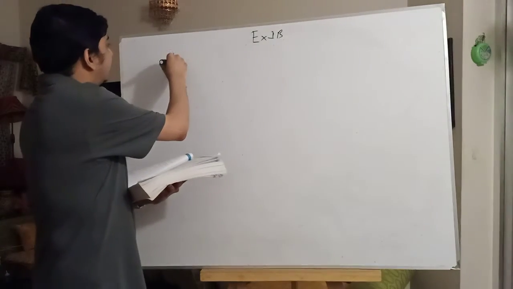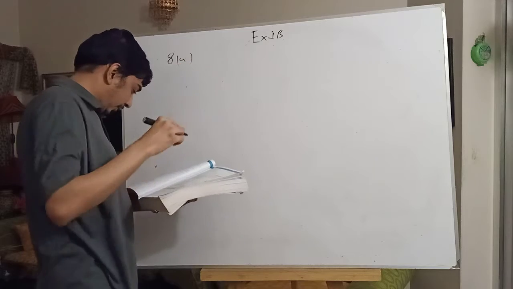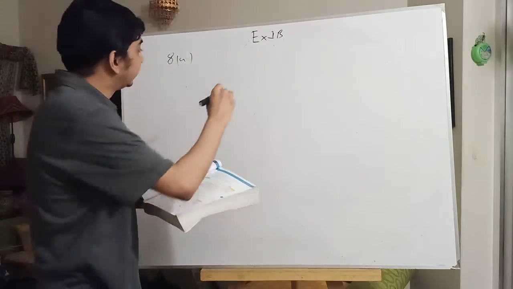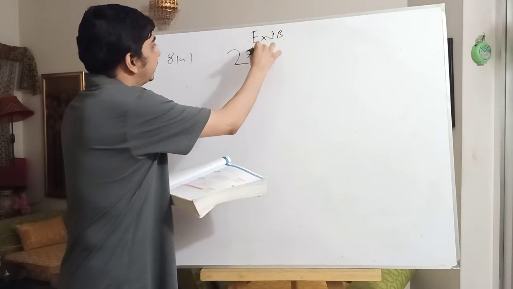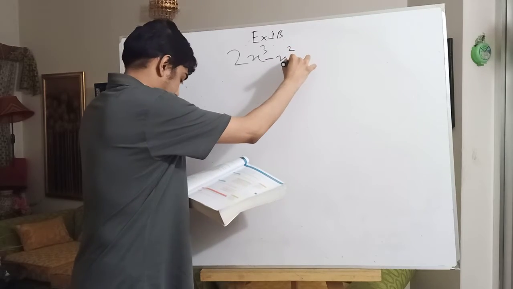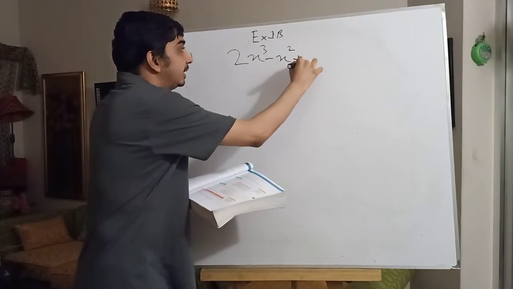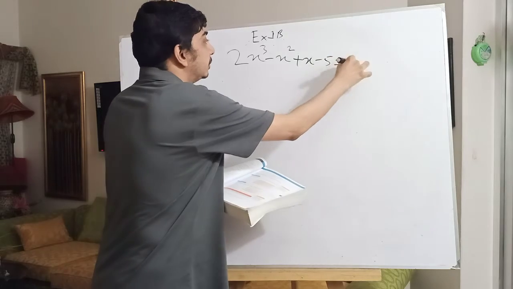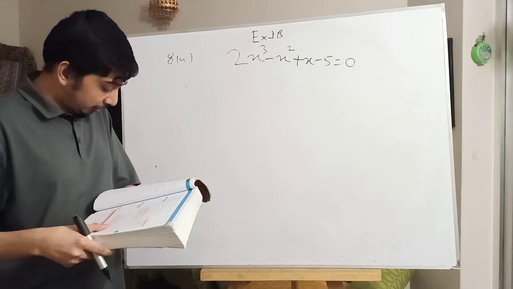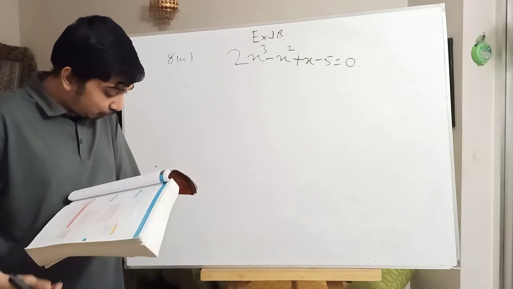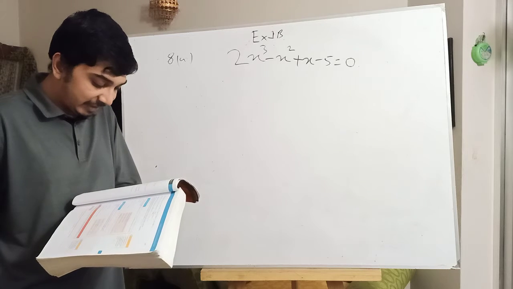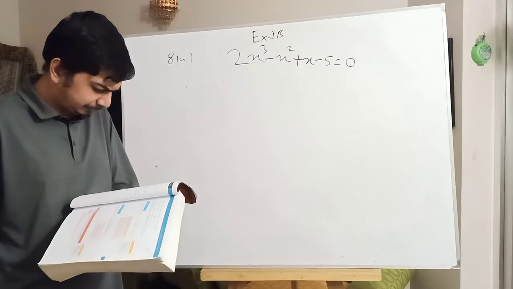For this question, 8A and B, the polynomial equation that is given is 2x cubed minus x squared plus x minus 5 is equal to 0. Now you are asked to show that 2S_{n+3} minus S_{n+2} plus S_{n+1} minus 5S_n is equal to 0.